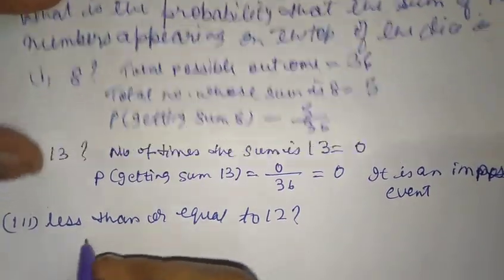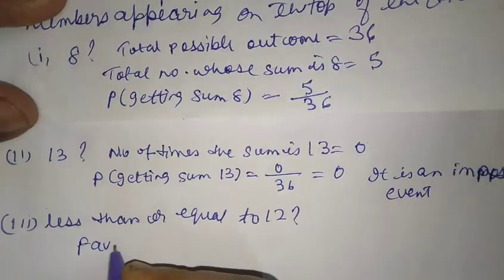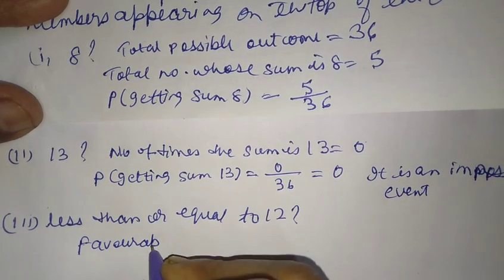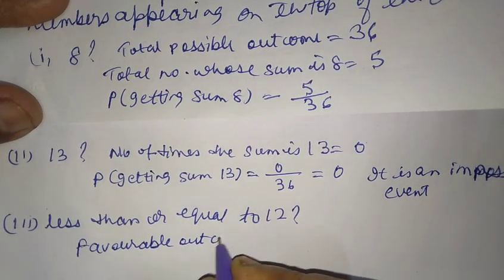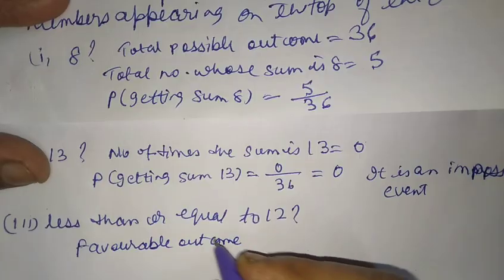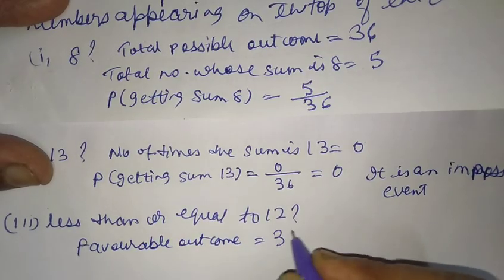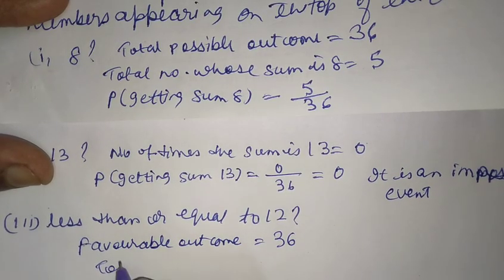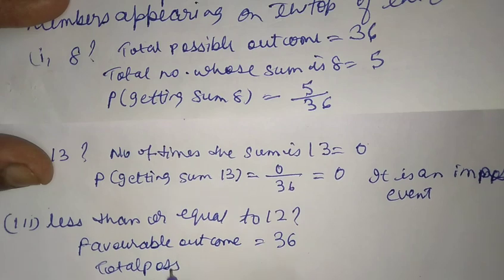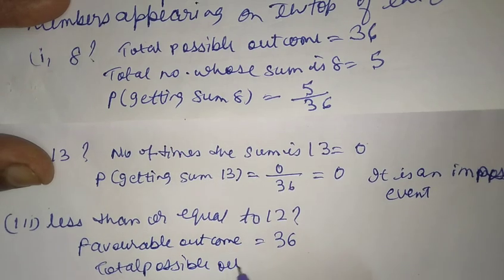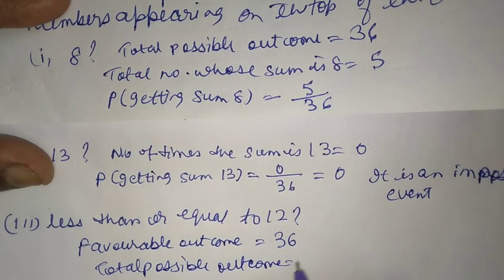So we will write the favorable outcomes, or you can say the number of times the sum is less than or equal to 12, is 36, and the total possible outcomes are also 36 here.